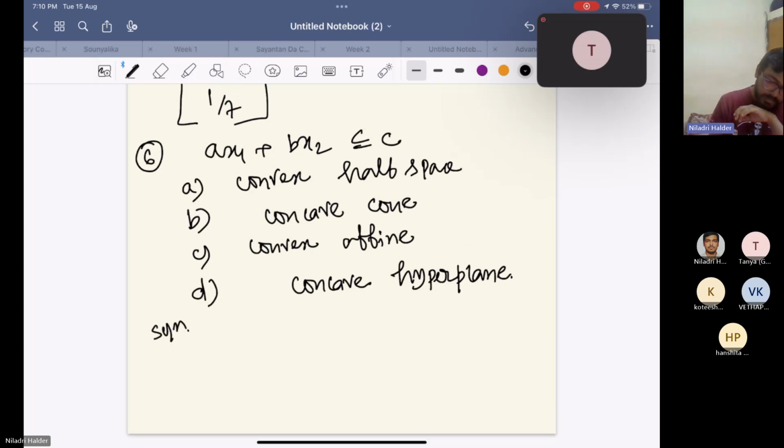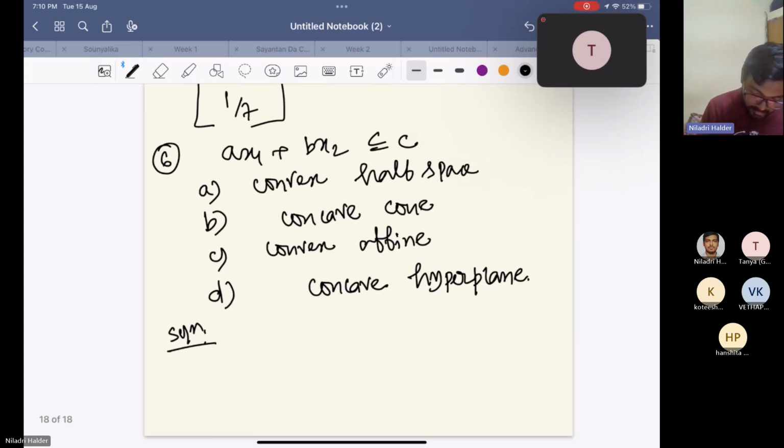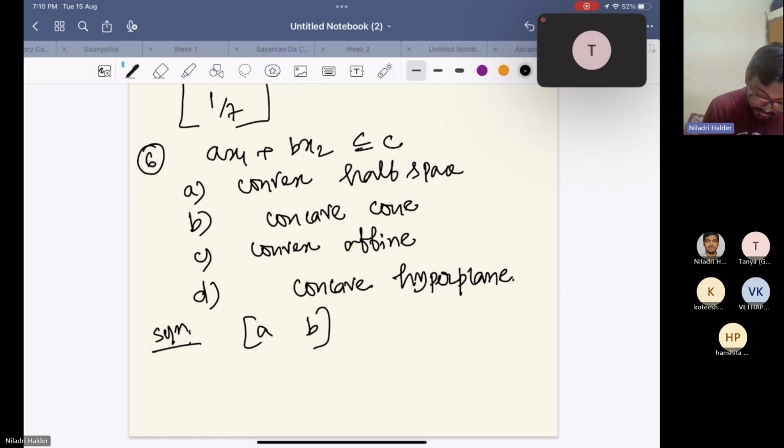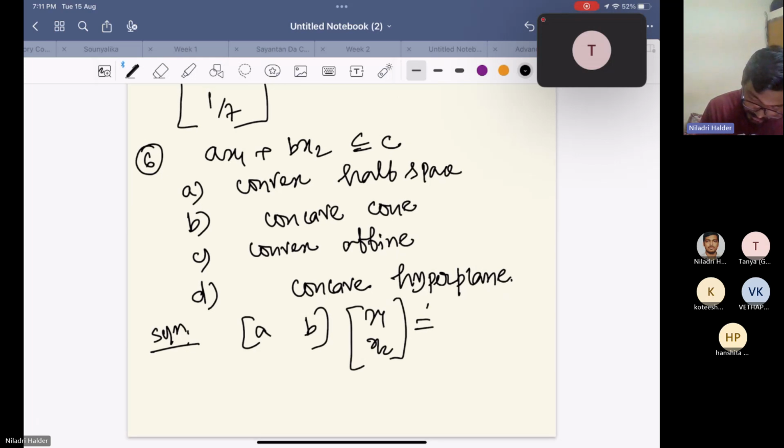The solution is just one line, we just need to check. So here this a x1 plus b x2, let's take this a and b as a vector, and x1 and x2 is another vector, that is less than or equal to c. We can write this as some b vector, the x vector.